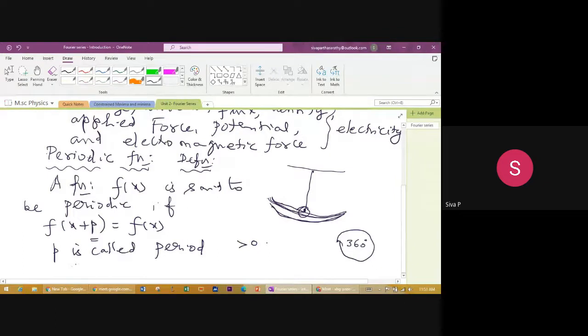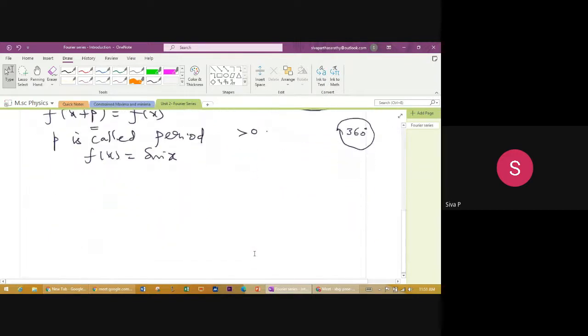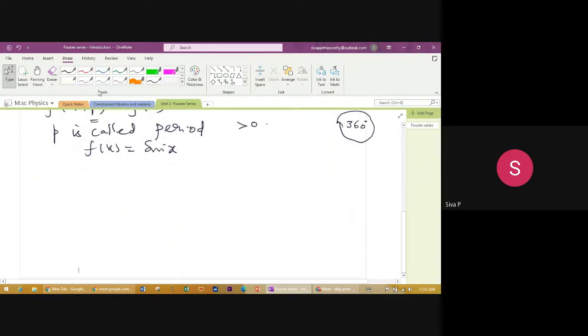For example, in case you are considering f of x equal to sin x. But actually, what is the graph of sin x? The graph of sin x starts from here and goes on like that.